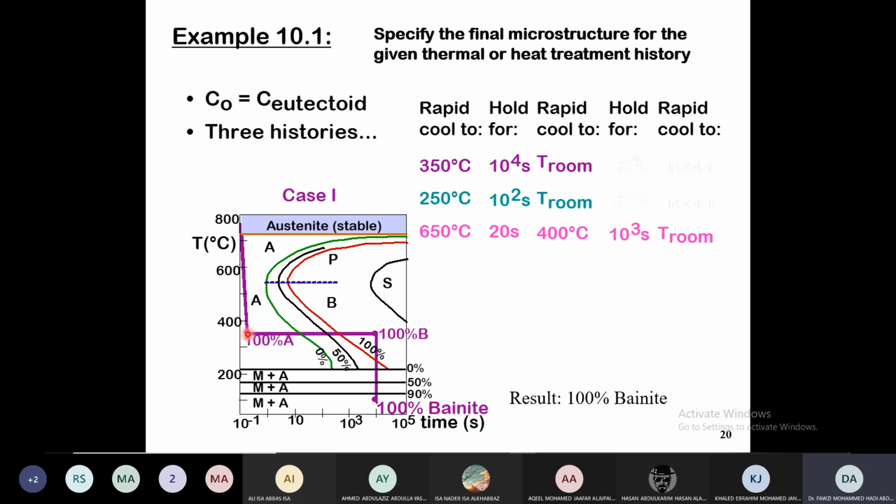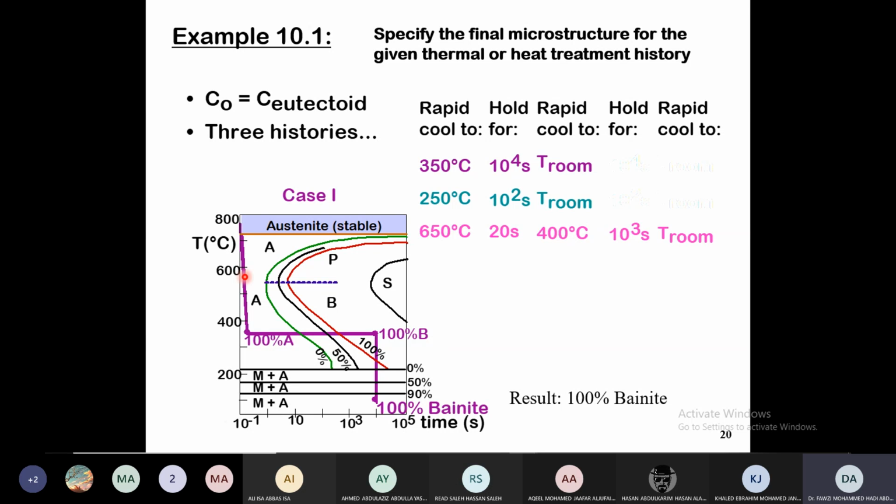If we quench, what do we get by quenching? Come on, guys. By quenching, which microstructure? Pearlite. By slowly heat treating, we will get the pearlite zone here. We already said that. But by quenching, martensite.